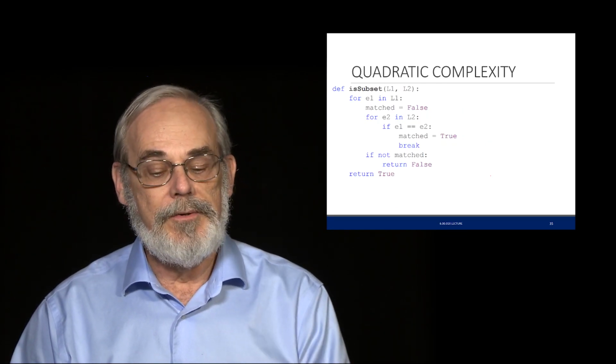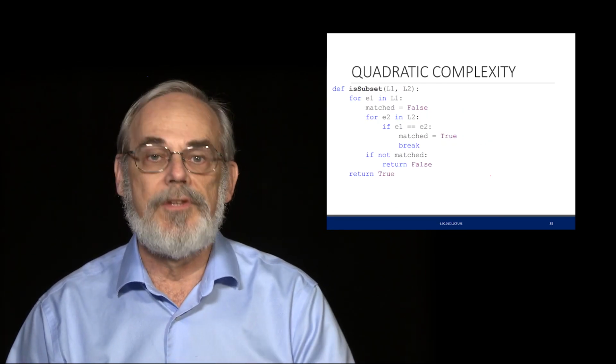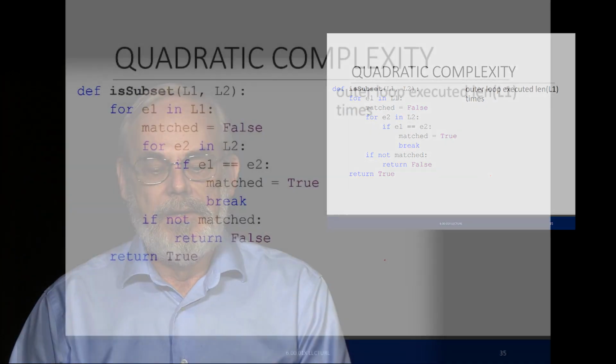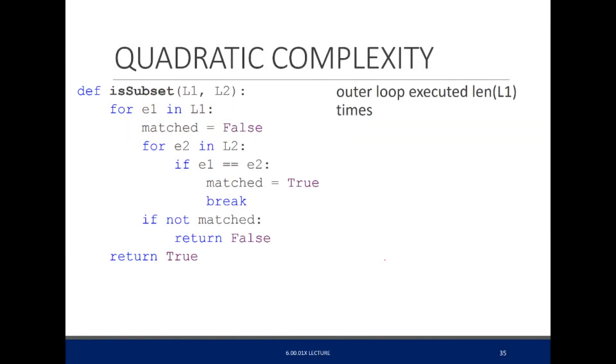If I take my code, I can now ask, what is the order of growth here? First of all, I know that the outer loop is generally going to be executed the length of L1 times. However many elements there are in L1, let's call that n, it's going to execute that loop n times, because for each element it asks, does it have a match? Yes, it's possible it could stop earlier, but in the worst case, it's going to go through all of them.